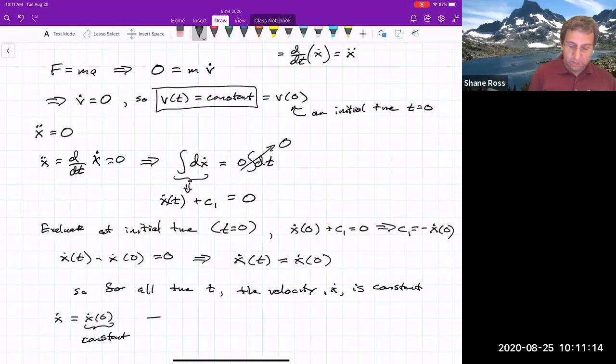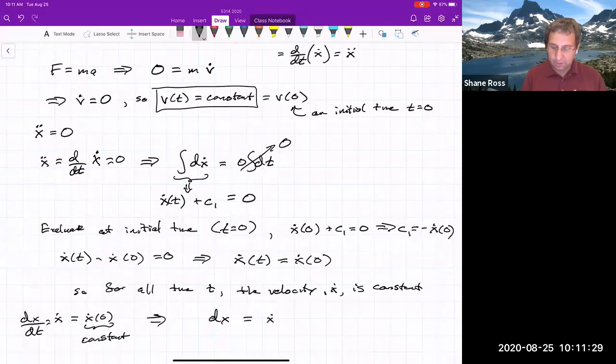And remembering what x dot is, this is dx by dt. So again, we could write this as an integral. Write it in the differential form, dx, and then just multiply the other side by dt, x dot 0. That's a constant. It doesn't depend on time, times dt.